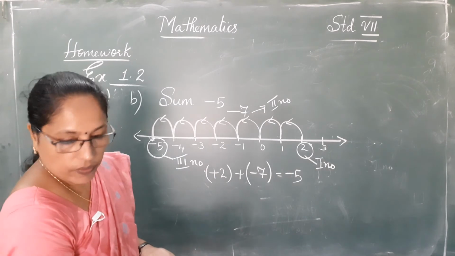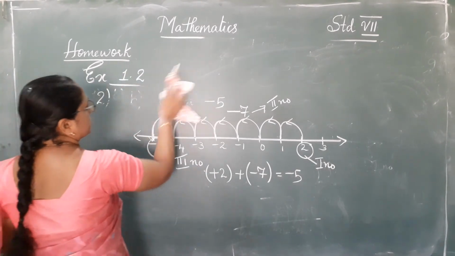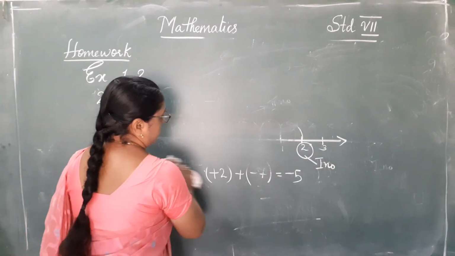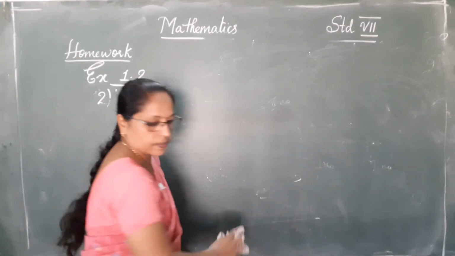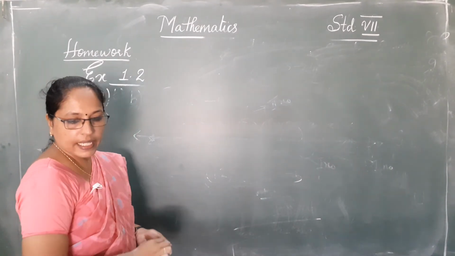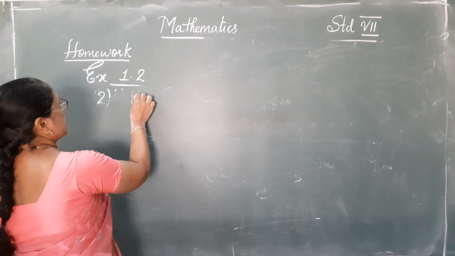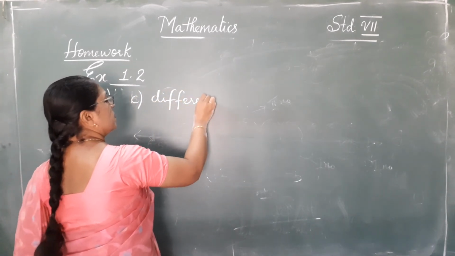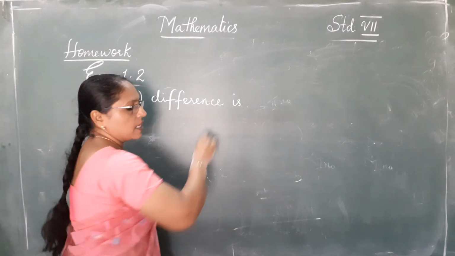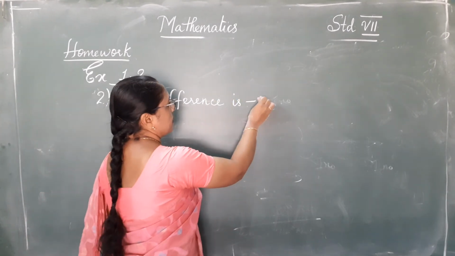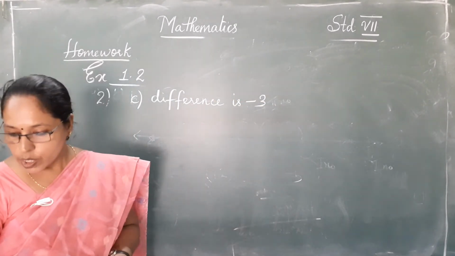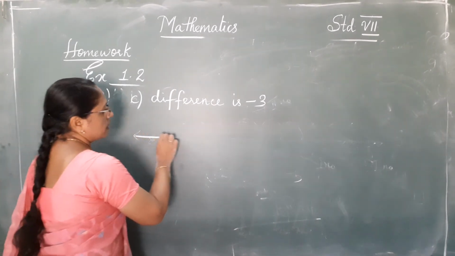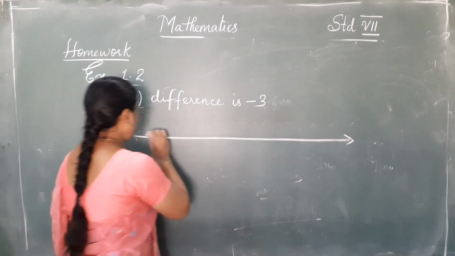Now C part. Write a negative integer and a positive integer whose difference is negative 3. So here we start with a number line.